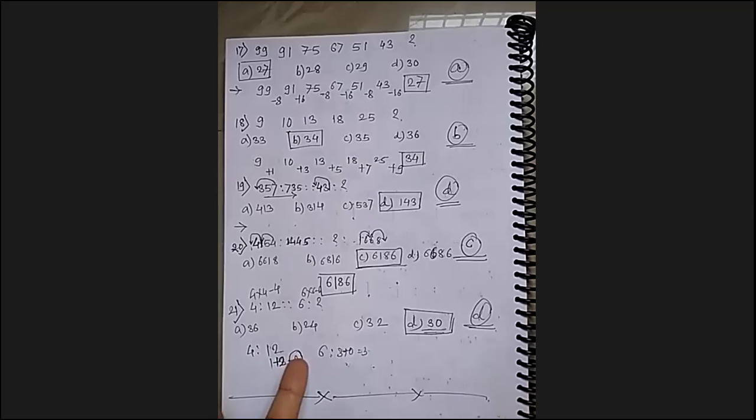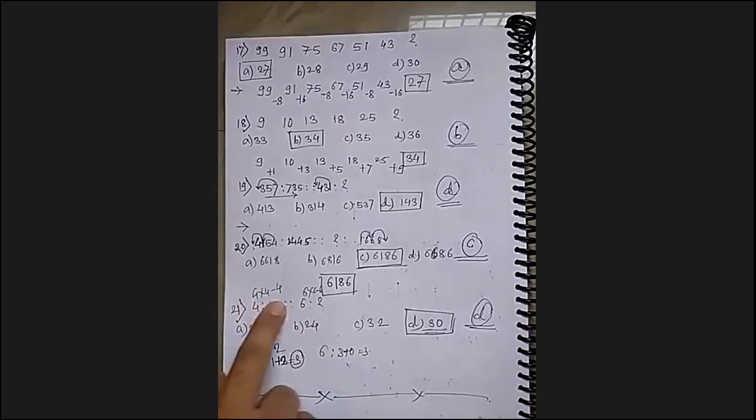The second logic here, or you can consider this as the first logic, is 4 into 4 minus 4, right: multiply by the same number and minus the same number. So 4 into 4 is 16, minus 4 will become 12. Here 6 into 6 becomes 36, minus 6 will become 30.